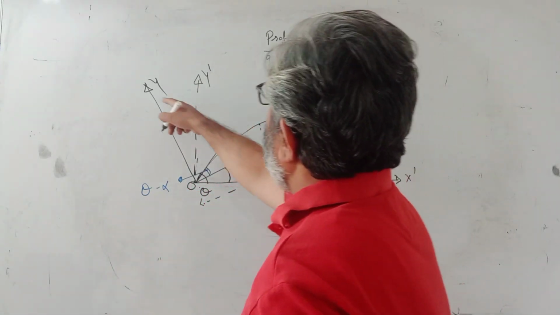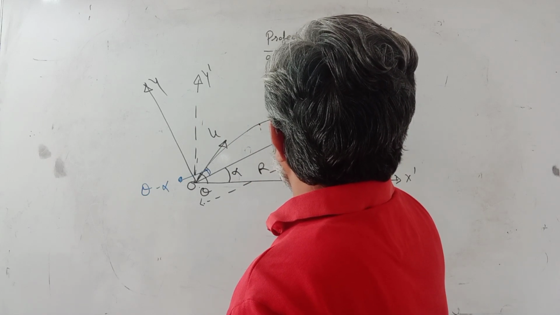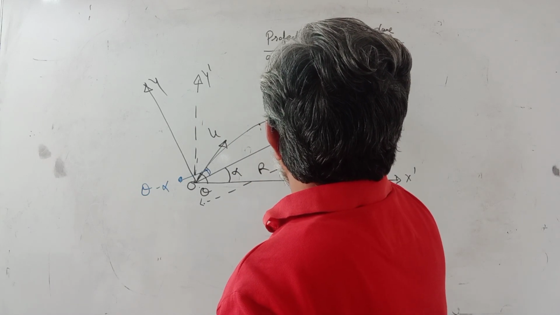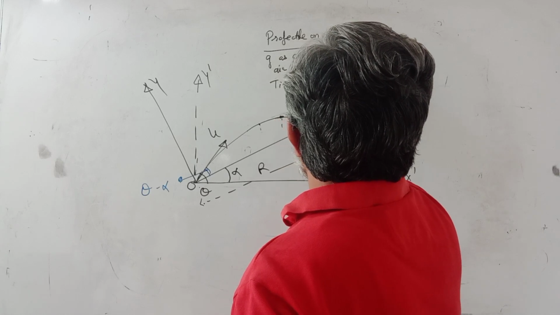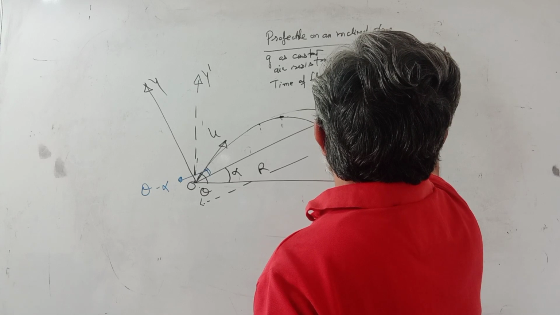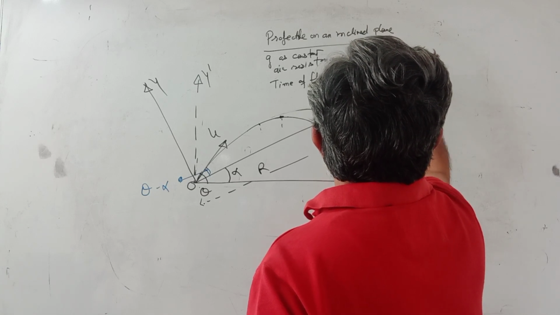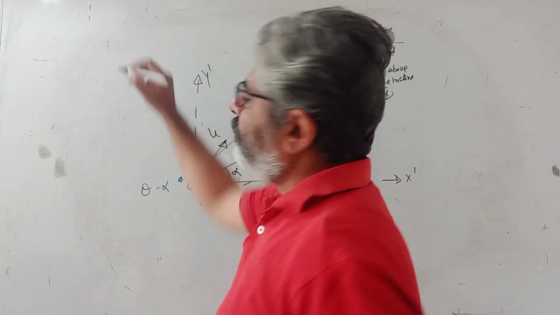Now I'll tell you that for two things, that is time of flight and maximum height above the incline, for both of these we will choose this x and y.